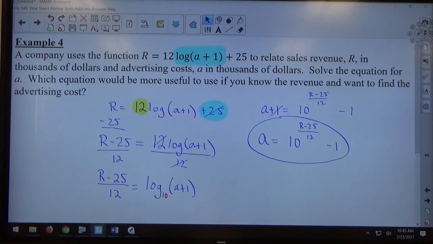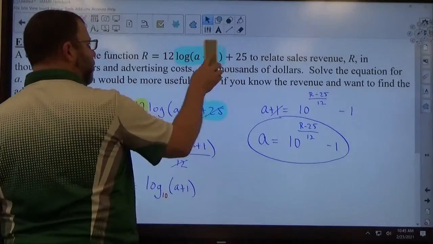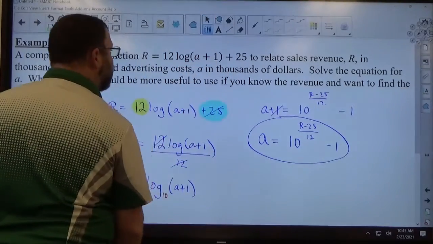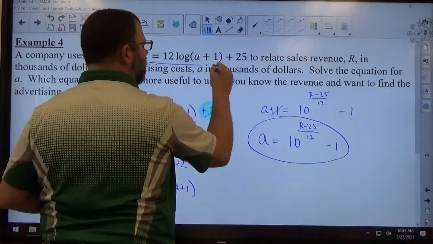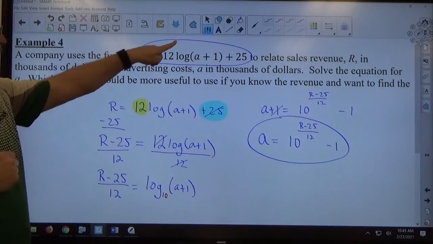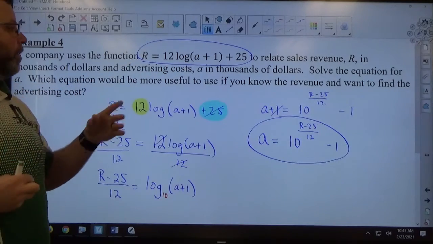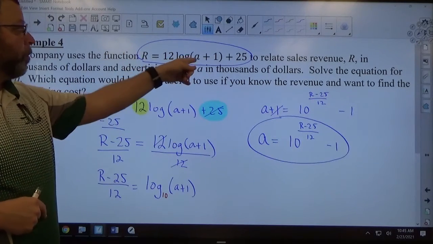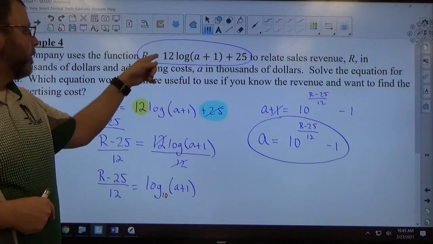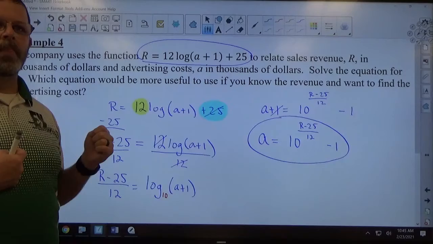Now, when we look at these two functions, function 1 is what they gave us, which is up here. That tells me the revenue if I know the advertising cost. And if I know the advertising cost, to evaluate the revenue, I simply replace a right here, type that expression in my calculator, hit equals, and it's going to spit out the answer.